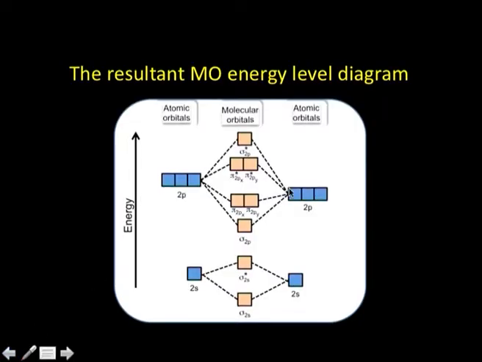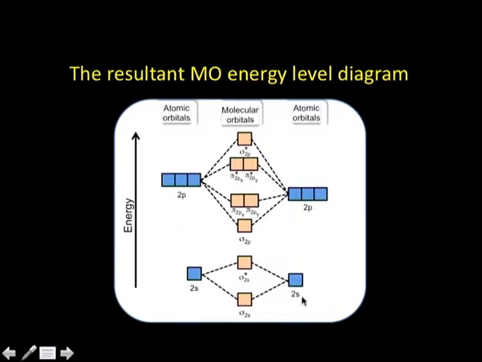Let us see all these points in terms of a diagram like this. So, what do we see? These are atomic orbitals of oxygen, and these are atomic orbitals of nitrogen here. So, these atomic orbitals of oxygen have energy slightly lower than that of nitrogen. That is one fact stated on the diagram. Then we come to the combinations.